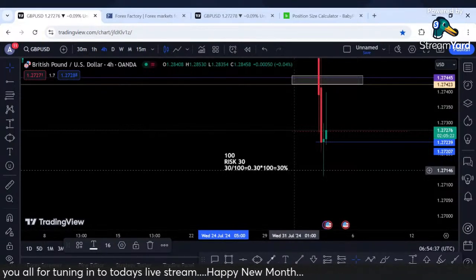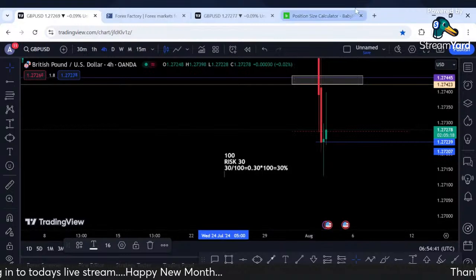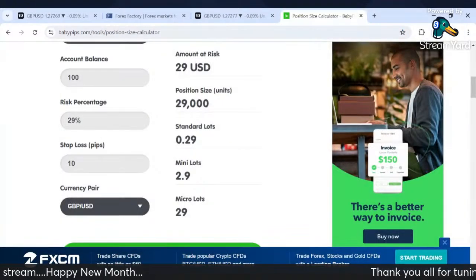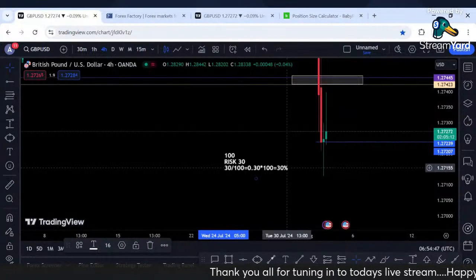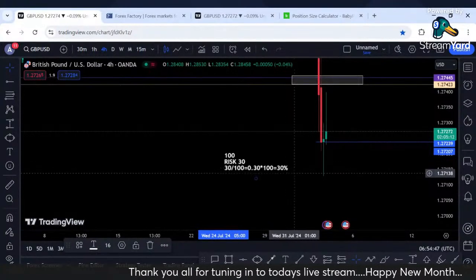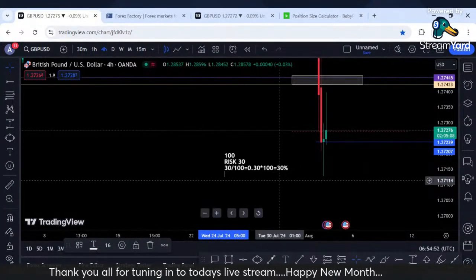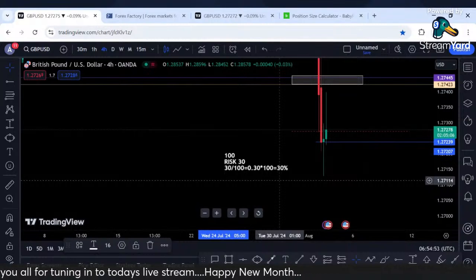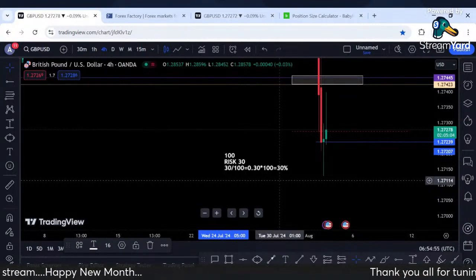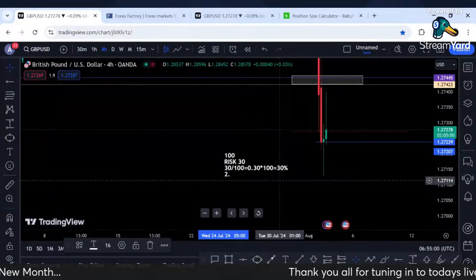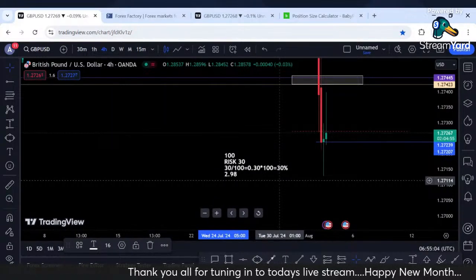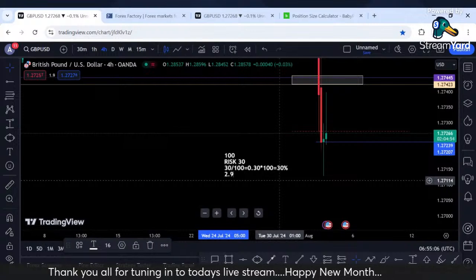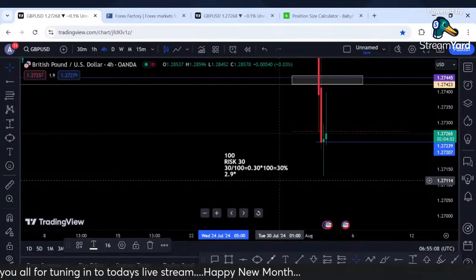So 30%, right? So they said what? 0.29. We knew 0.29 is what loss size? So 0.29 is going to give us, for a pip, $2.9. Okay, so 2.9 multiplied by your loss size, multiplied by your pips.